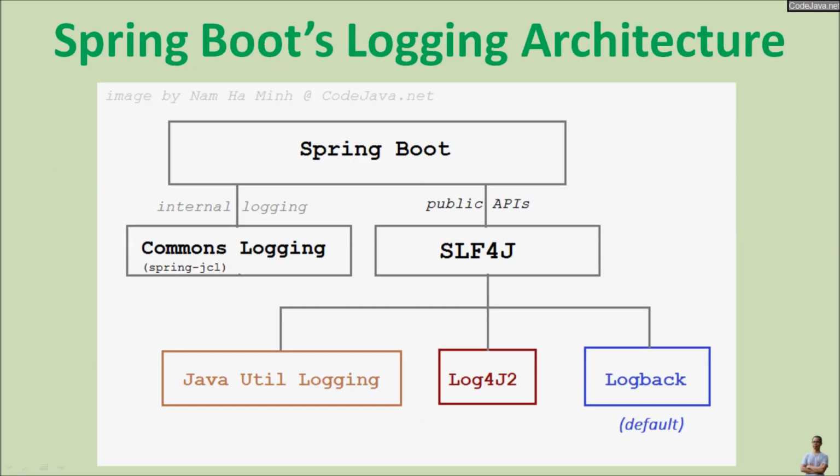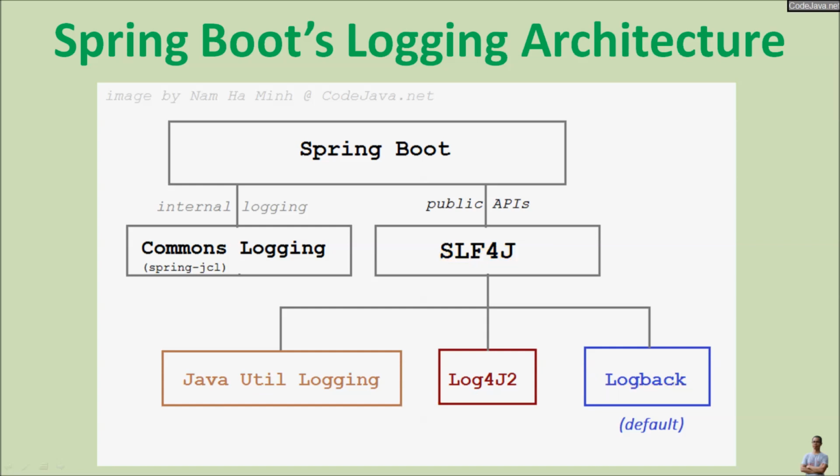First, let's understand the logging architecture used by Spring Boot. For internal logging, Spring Boot uses the Commons logging library, Apache Commons Logging, or Spring JCL. For the public API, Spring Boot uses the Simple Logging Facade for Java, SLF4J, and provides default configurations for Java Util Logging, Log4j2, and Logback.